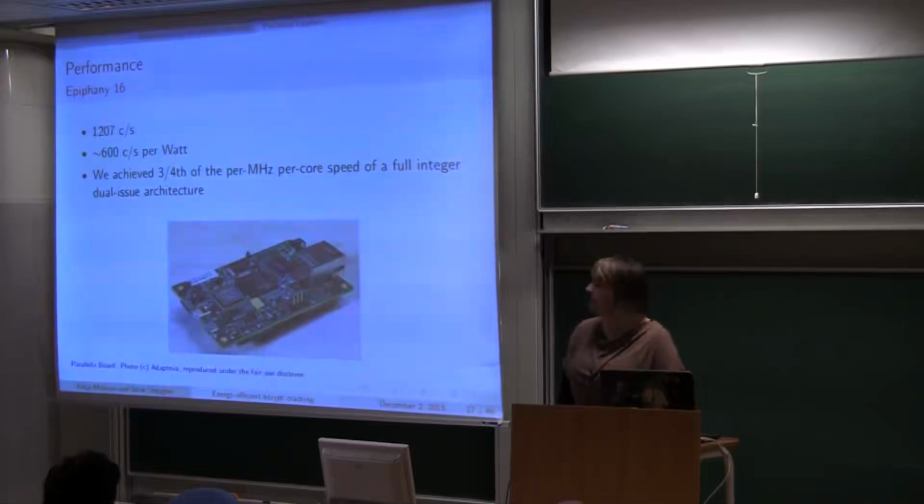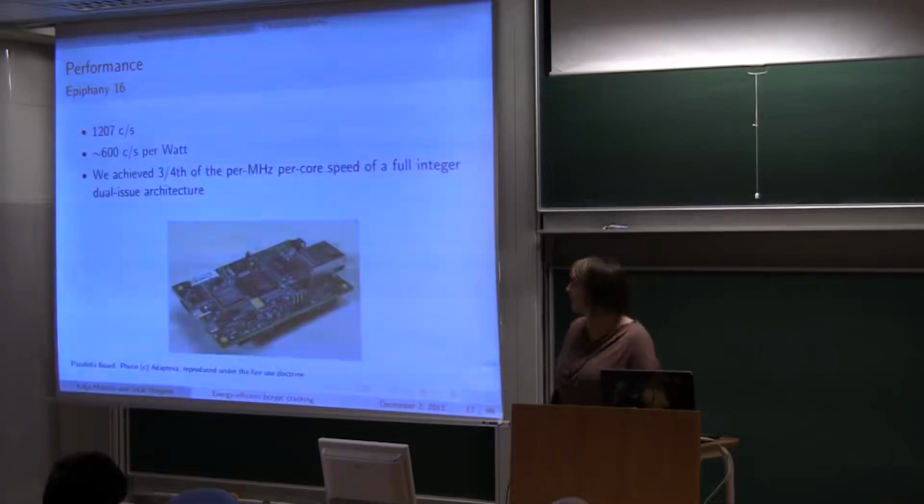Epiphany is very bcrypt friendly, but its problem is that the FPU can only issue 2 types of instructions that we actually needed.